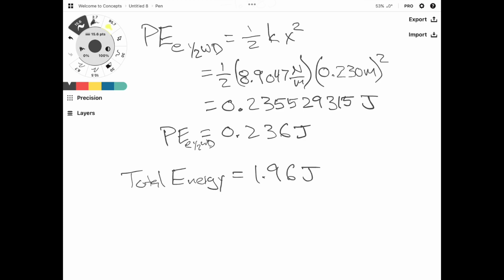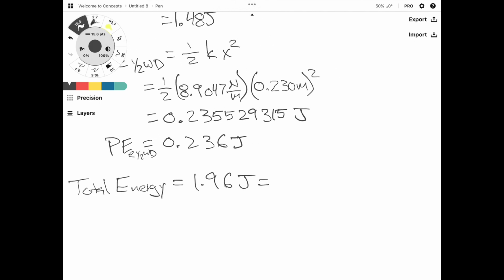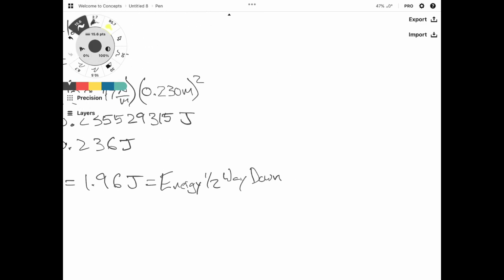And that total energy is the same as the energy halfway down, which is the sum of the potential energy due to gravity plus the elastic potential energy plus the kinetic energy.